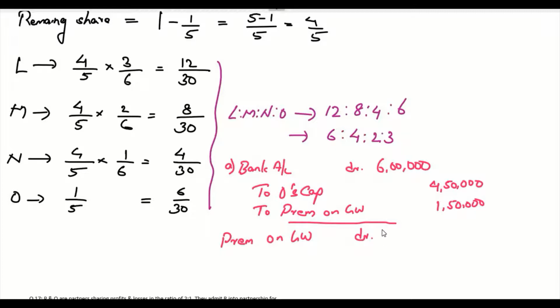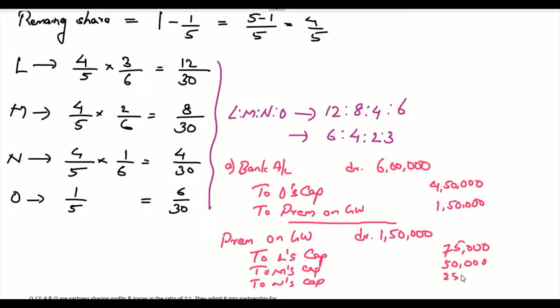So it will be premium on goodwill debit 1,50,000 to L's capital, to M's capital, to N's capital. In the 3:2:1 ratio, so it is going to be 75,000, 50,000 and 25,000.